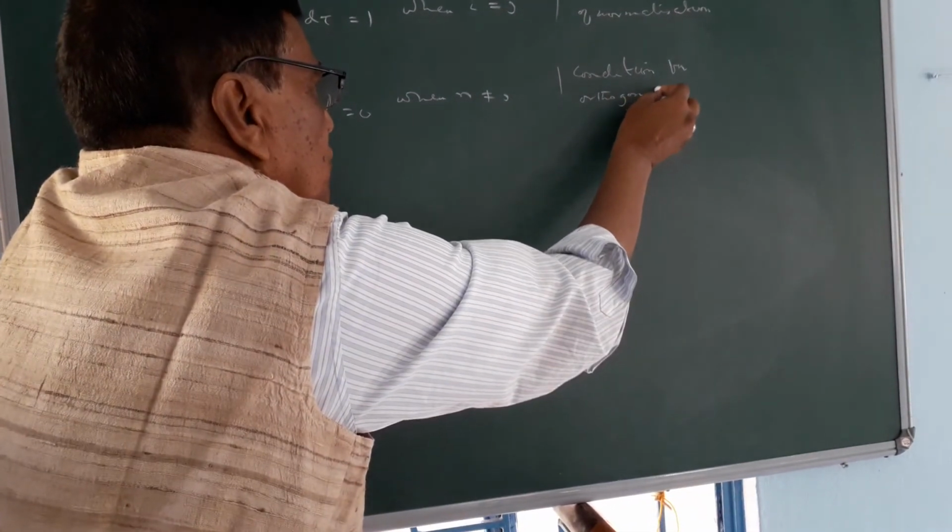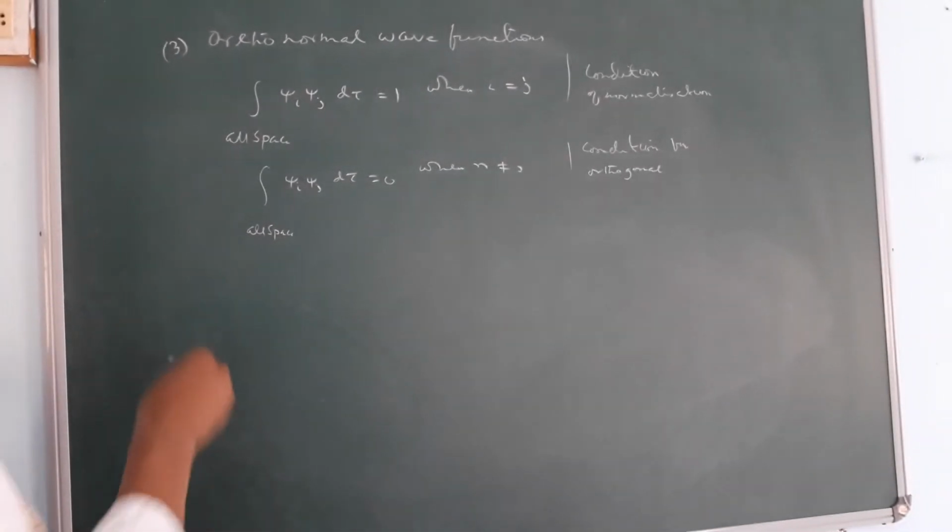So whenever these two come jointly, we can express them in terms of the Kronecker delta.